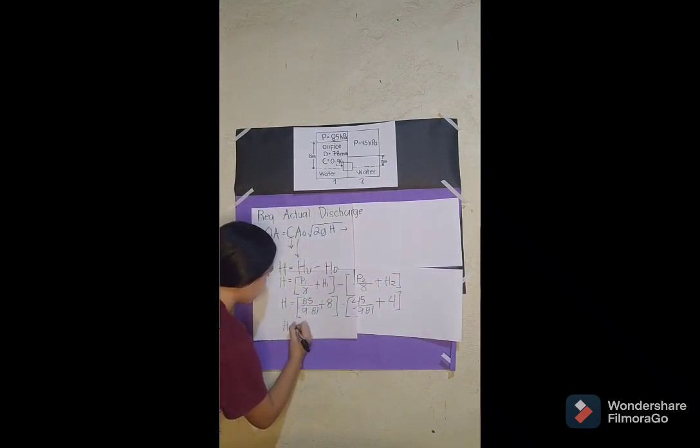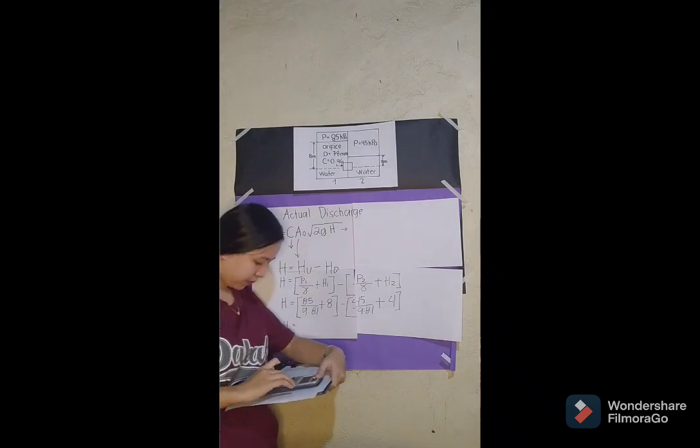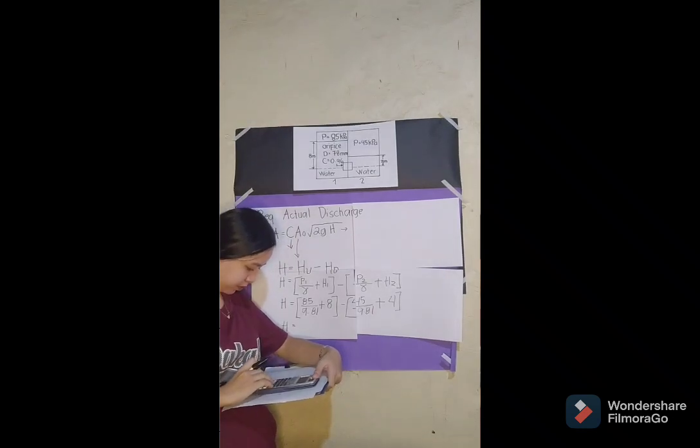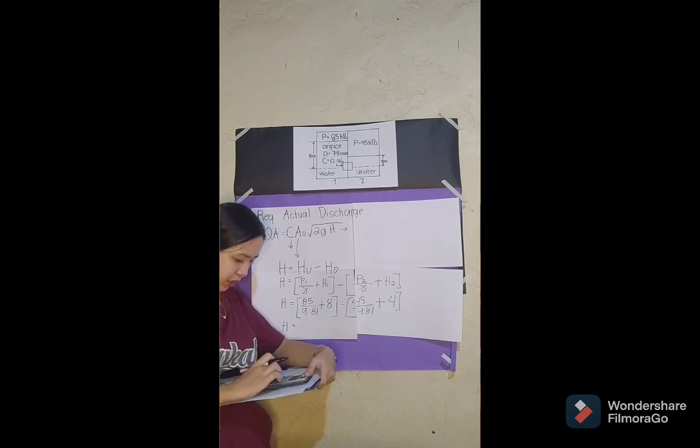So our H is equal to 85 over 9.81 plus 8 minus 45 over 9.81 plus 4.